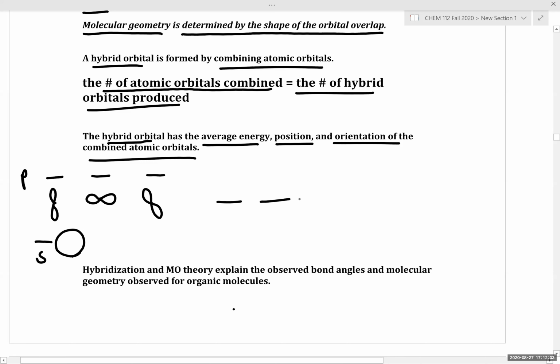So your average energy will be somewhere between an s and a p orbital.